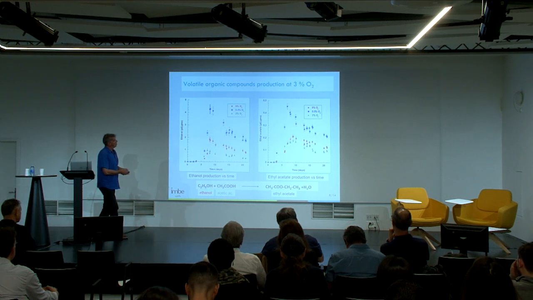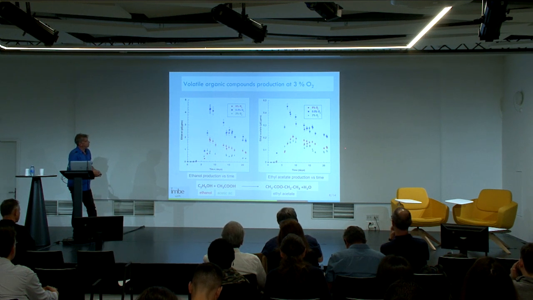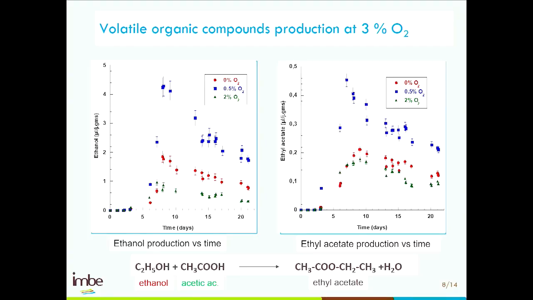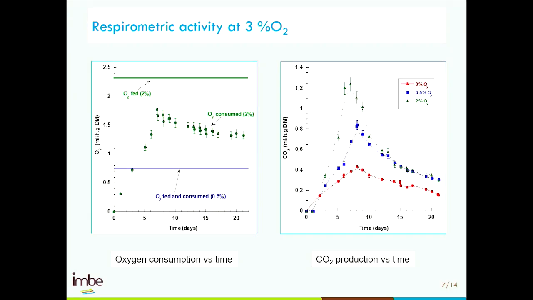Here we have CO2 production from respiration, and the highest peak is in the intermediary conditions. Here is CO2 production from fermentation, intermediary, and with no oxygen limitation.